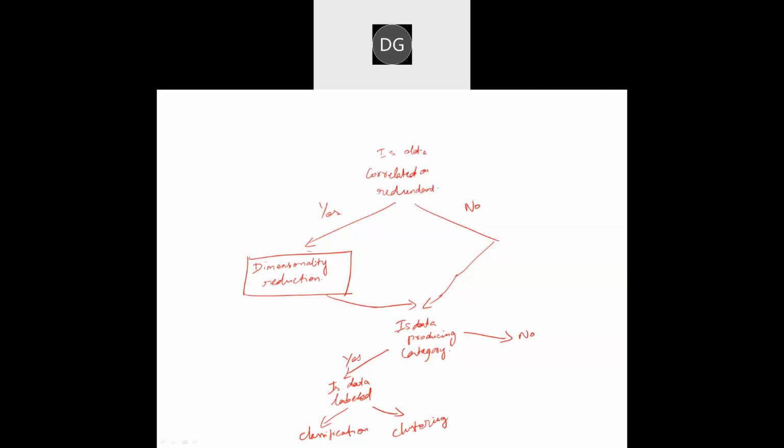Suppose the data is not producing any category, then I will ask the next question: is the data producing a quantity? Quantity means it is going to be in numbers.